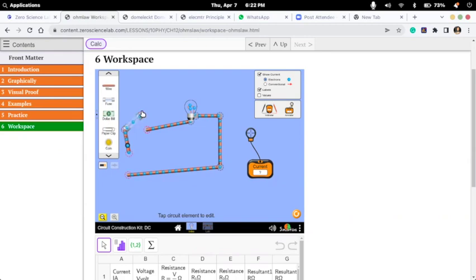So I have to take a new one, right? Okay. Now what is the current rating for the fuse? 4 ampere, right? Now I increase the voltage.